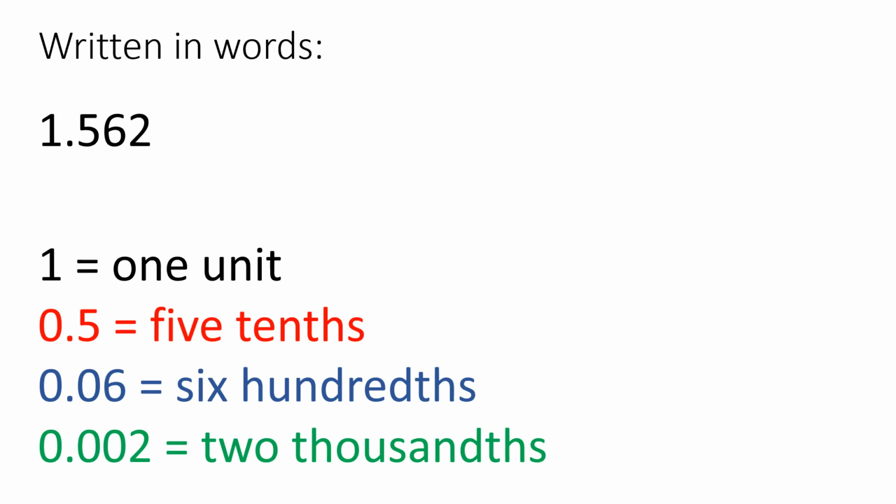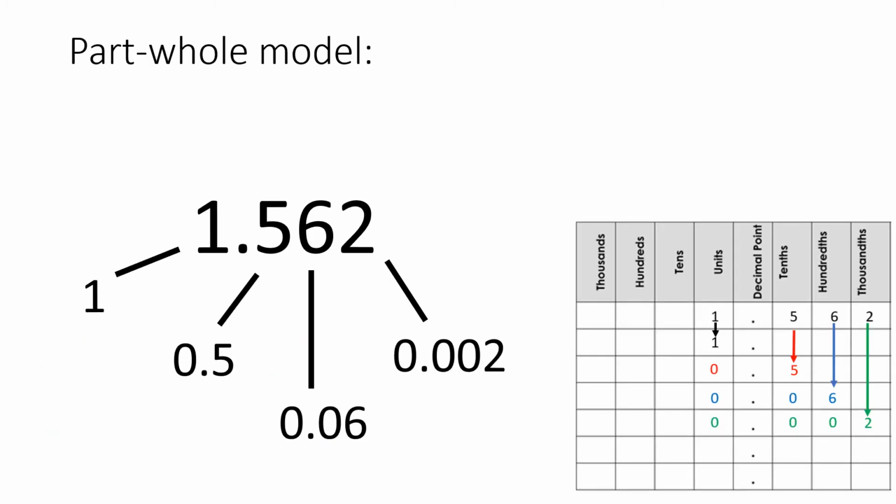Written in words, this looks like this: 1 unit, 5 tenths, 6 hundredths, and 2 thousandths. As a part-whole model, the number is 1, 0.5, 0.06, and 0.002.